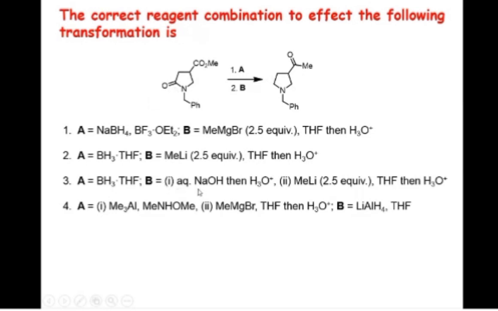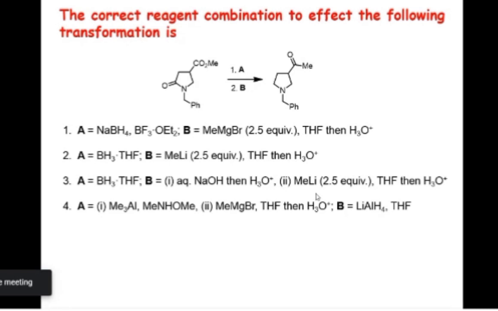In the B step, first step, sodium hydroxide means hydrolysis of that ester group takes place. We will get carboxylic acid, and then reaction of the carboxylic acid with two equivalents of methyl lithium. While studying organometallic chemistry, particularly organolithium compounds, reaction of any carboxylic acid with two equivalents of organolithium, particularly methyl lithium, results in formation of a ketone.